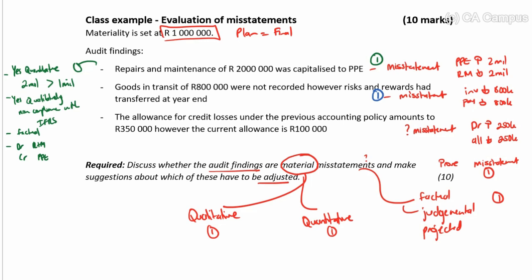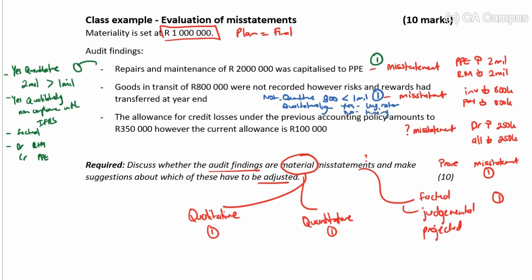Is it quantitative? No, it's not quantitative because 800,000 is less than 1 million. Is it qualitative? Materially misstated. And guys, here's where you could argue both ways. You could say yes it is because it's going to affect key ratios, or you could say no because it's just a timing issue.